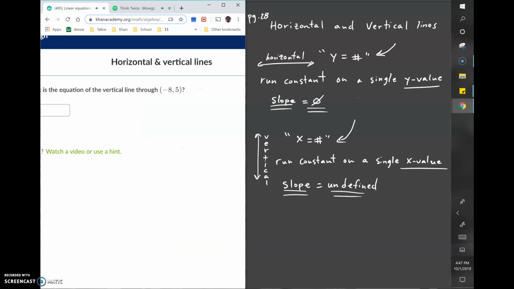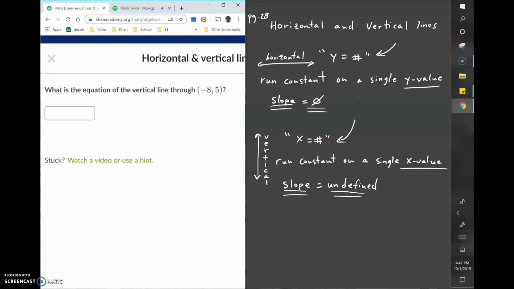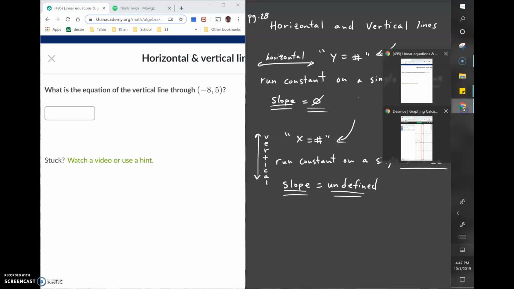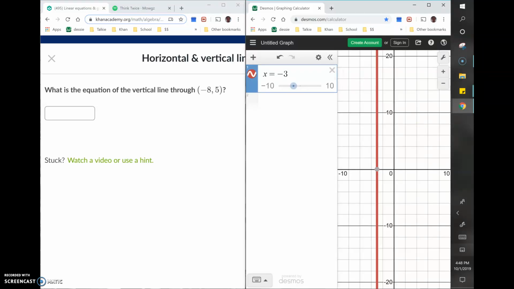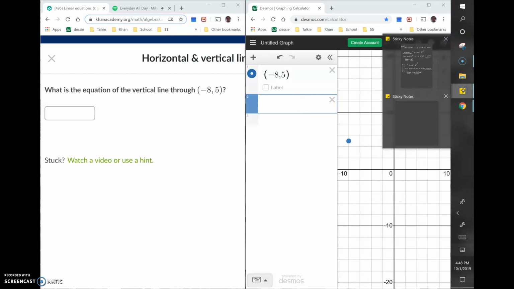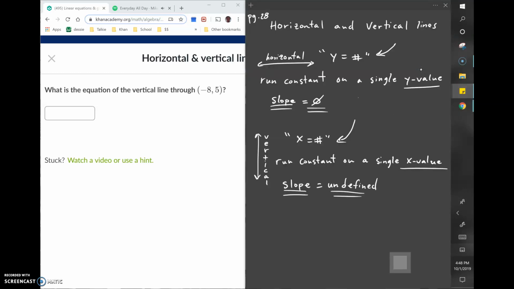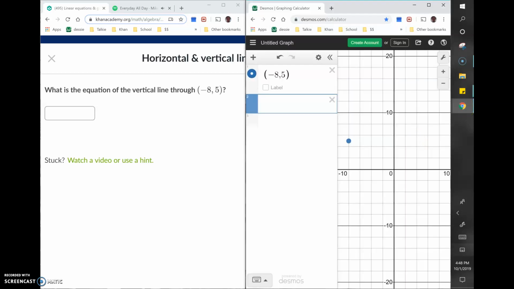Here we have an equation of a vertical line that goes through -8, 5. So let's go ahead and flip to Desmos. Let's type in that coordinate point, -8, 5, and we want a vertical line, and vertical lines start with x equals, and there's the dot.